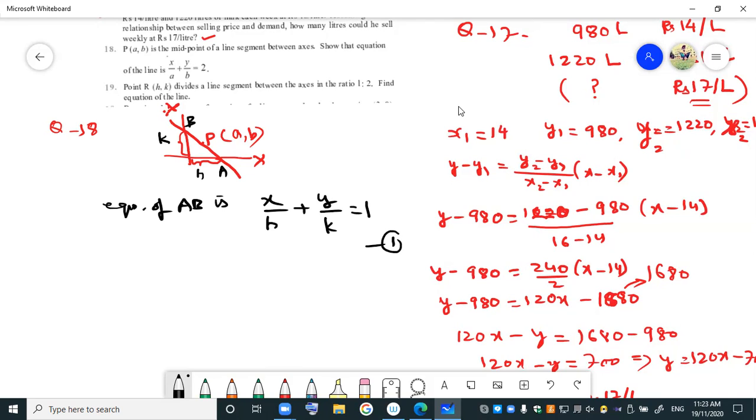Now apply the condition that P is the midpoint.